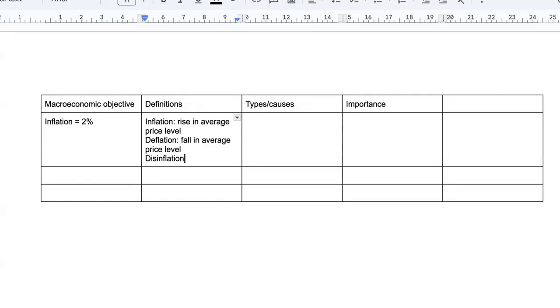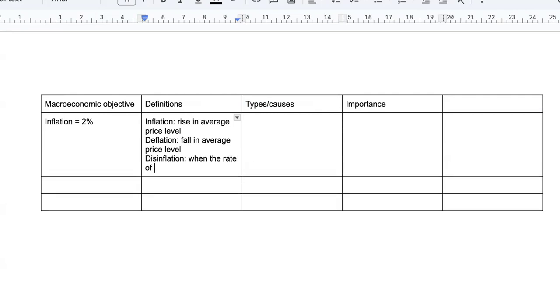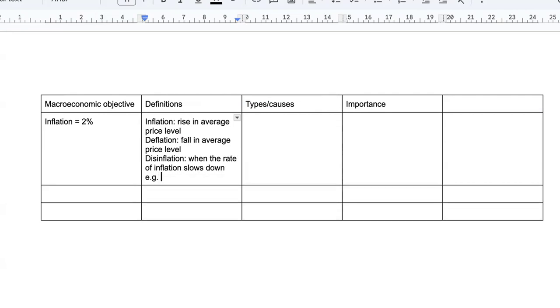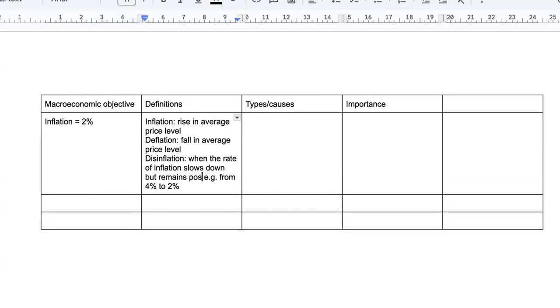And then disinflation is whenever inflation is continuing to happen, but at a slower rate. So when the rate of inflation slows down, for example, from 4% to 2%, but also remains above zero. If it was to go negative, then that would be deflation.